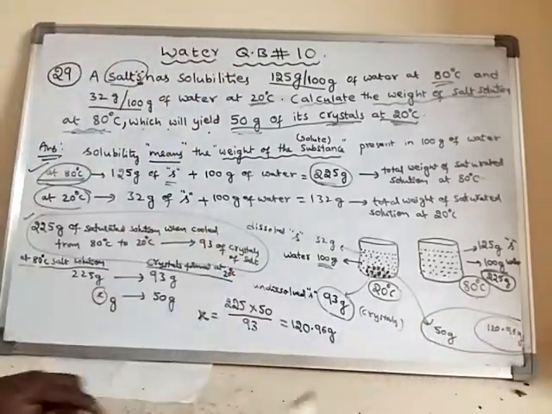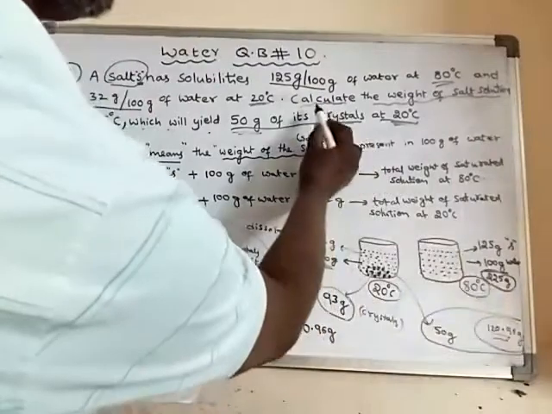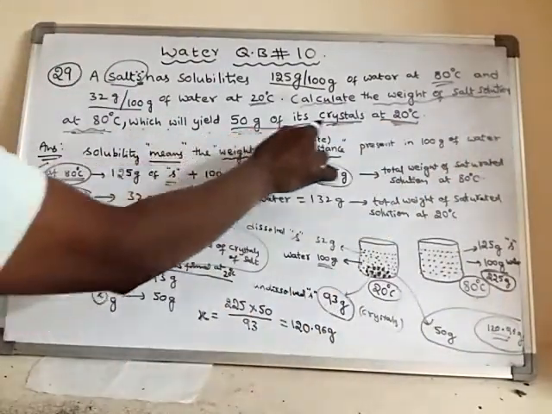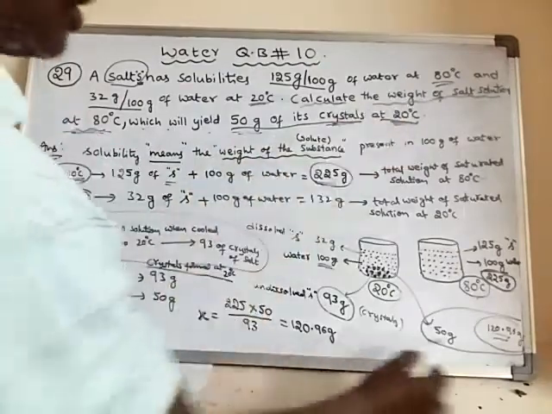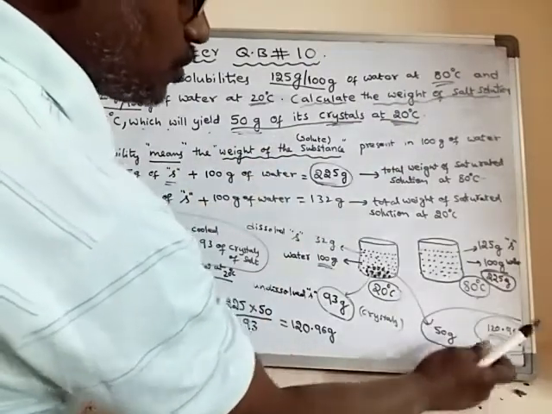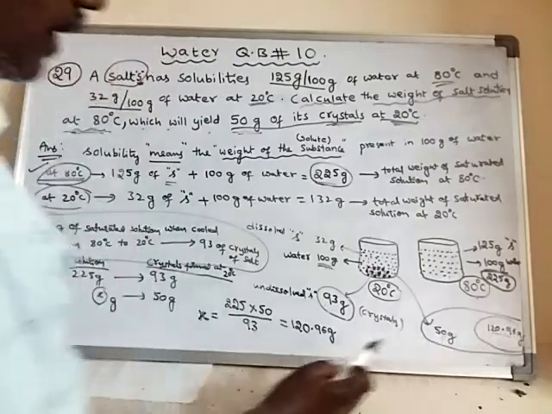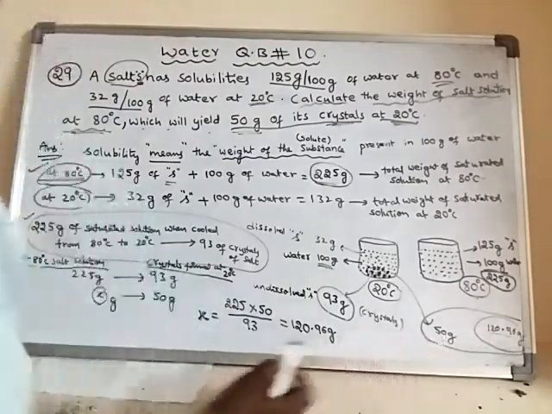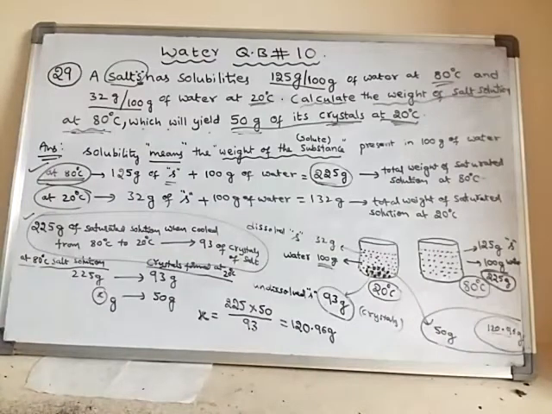Finally we could calculate the weight of salt solution which can yield 50 grams of crystals at 20 degrees centigrade. That means 120.96 grams of salt solution can yield 50 grams of crystals at 20 degrees centigrade. Like this we can solve the 29th question.